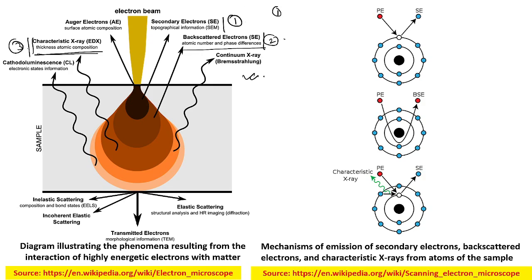These three are very useful in scanning electron microscopy, because it works in the reflected mode. These secondary electrons and the backscattered electrons are directly used for imaging the sample.